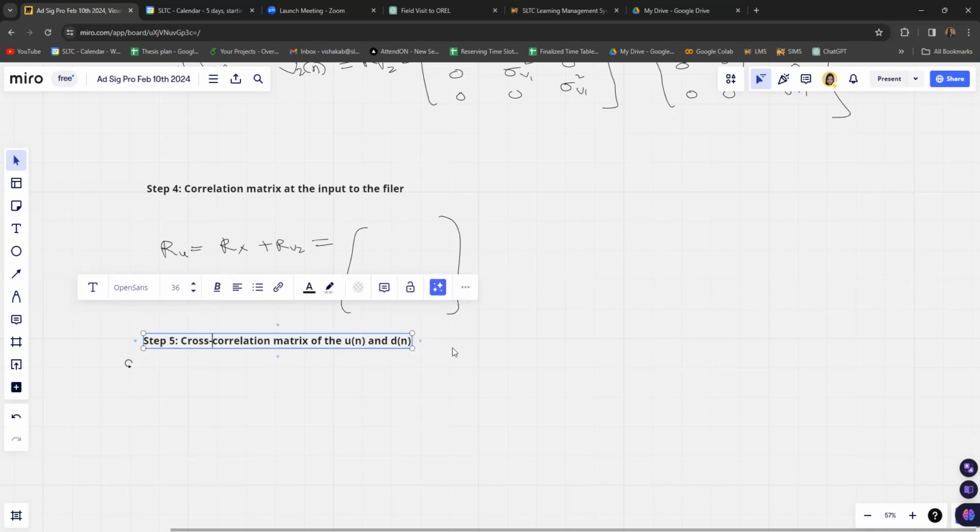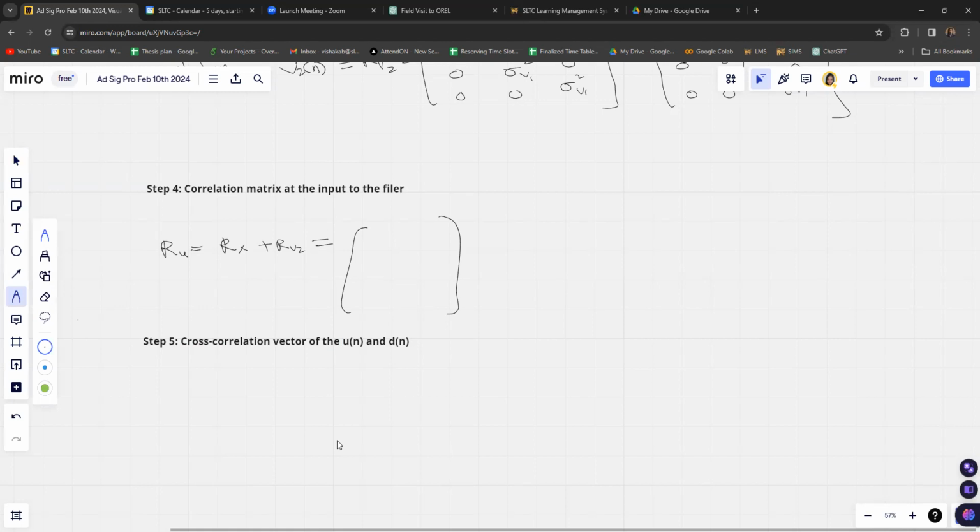So we have to find the cross correlation vector of un and dn, where cross correlation means expectation between un and dn.